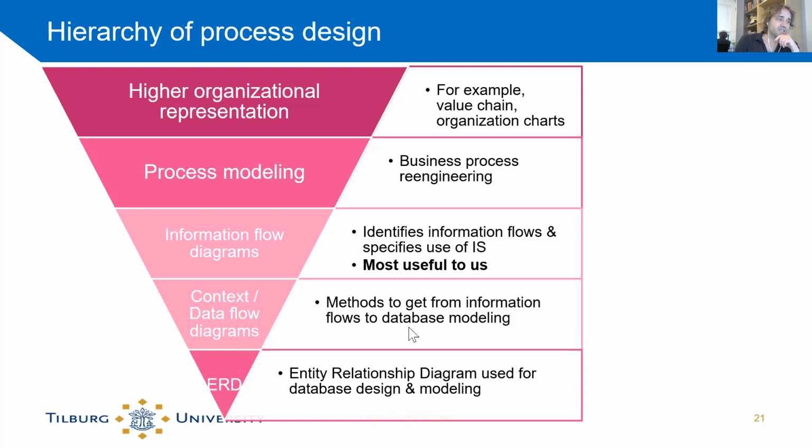Those entity relationship diagrams are really the most basic level of thinking about information and data in your organization and in information technology. And this is what we are going to talk about, entity relationship diagrams, in a lecture about database design.